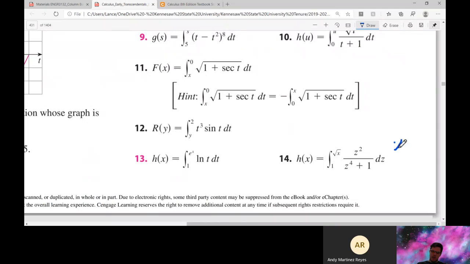This will be x over... how can you simplify this? Wait.